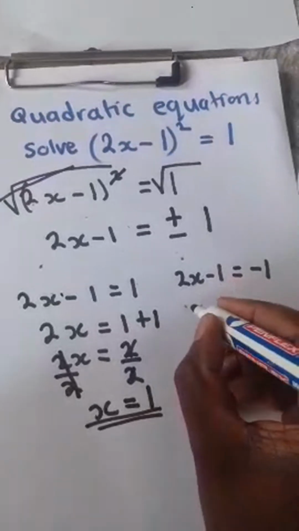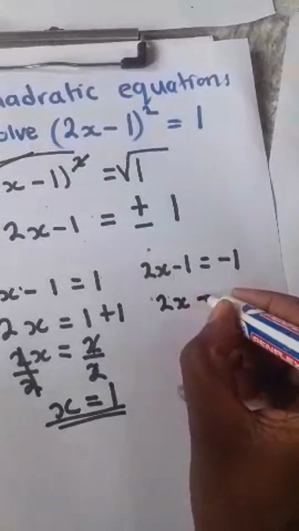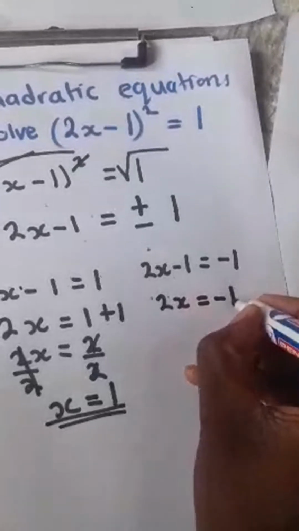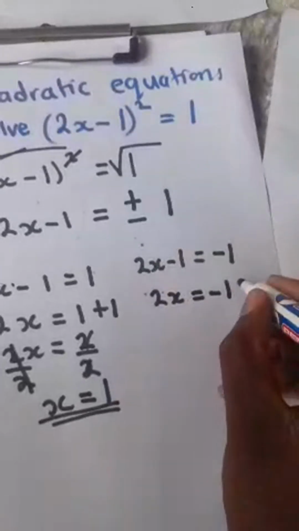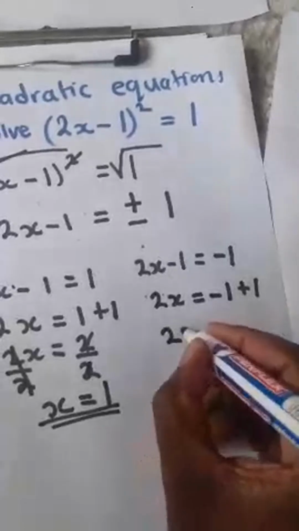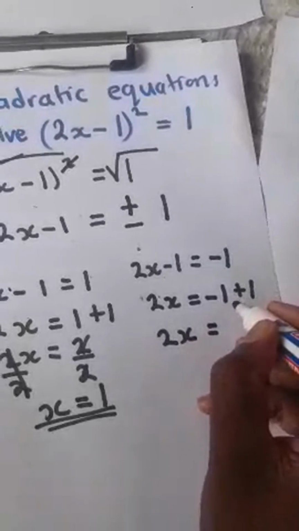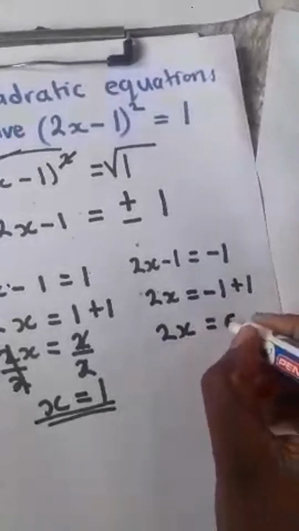Let's try another one. 2x is equal to, so there's negative 1 here. So negative 1 to the other side will be positive 1. So it's now 2x is equal to negative 1 plus 1. We get a 0.